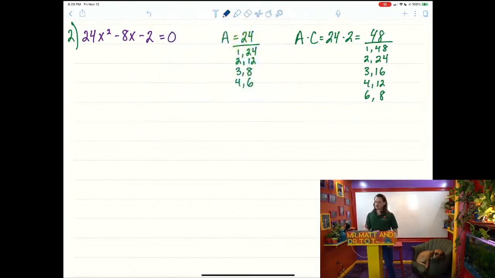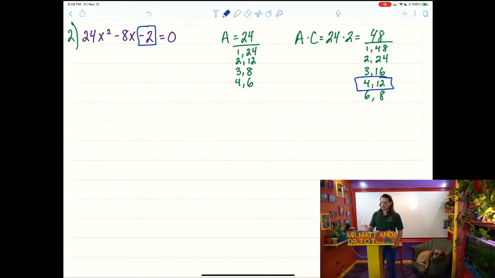Now we need to get two factors of 24 that work well with 4 and 12. So 4 and 6 look like they work pretty well. 4 is divisible by 4, 12 is divisible by 6. So I'm going to write out my two-factor parentheses. I'm going to put a 4x and a 6x.